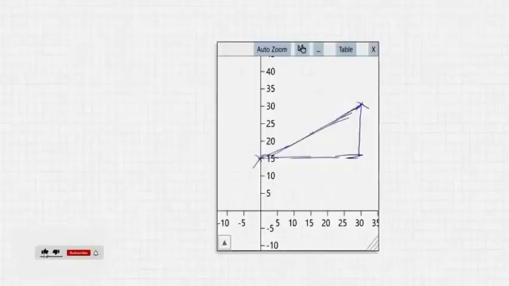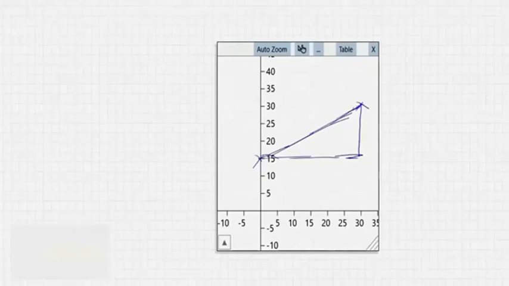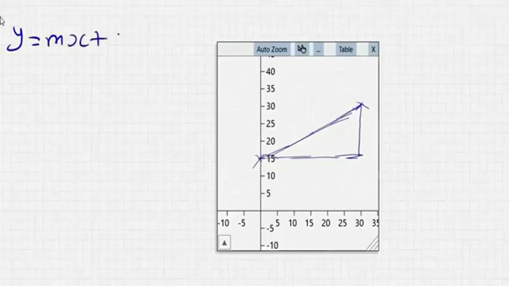Okay, now let's look at this typical graph. We are given this graph, and we are asked to use it to find the equation of a straight line graph. Let's still remember that the equation of a straight line graph is y equals mx plus c.